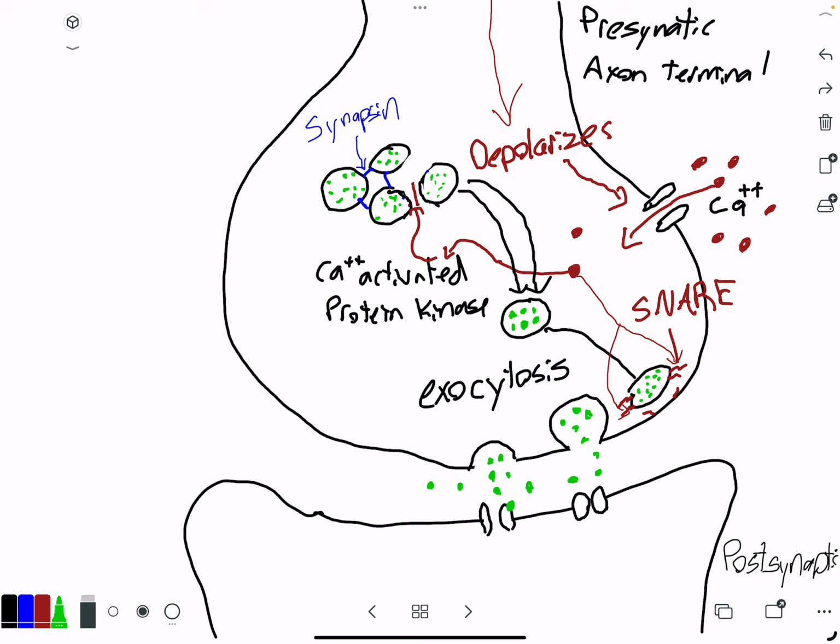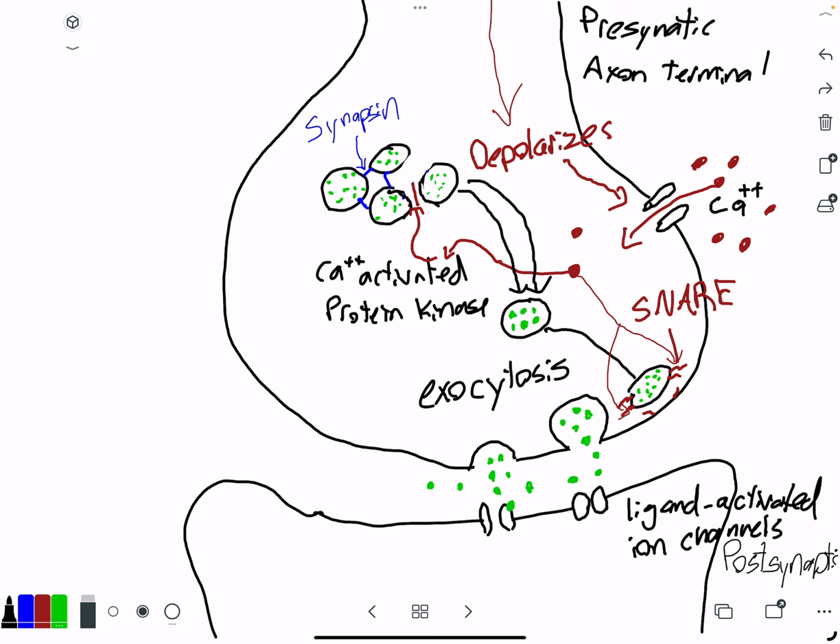A more general term for a receptor that binds to a molecule to activate it is ligand-activated receptors. So I'm saying that these are, I'll go ahead and write that out here, ligand-activated ion channels.